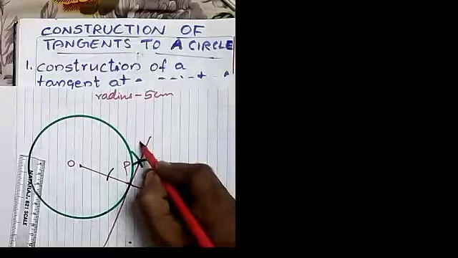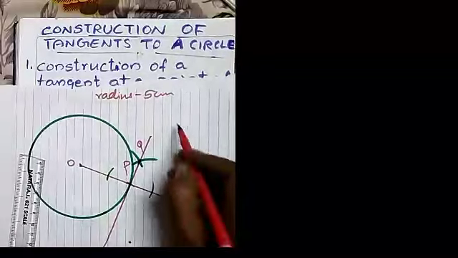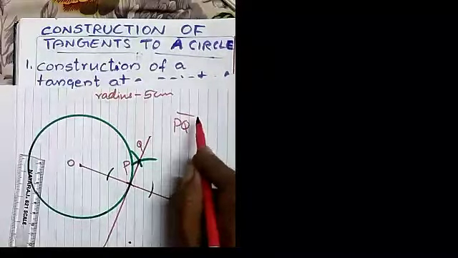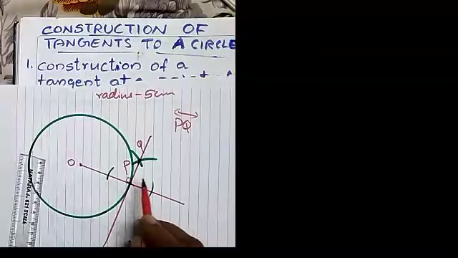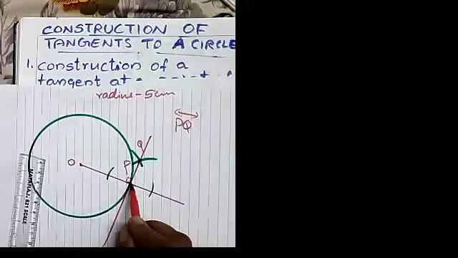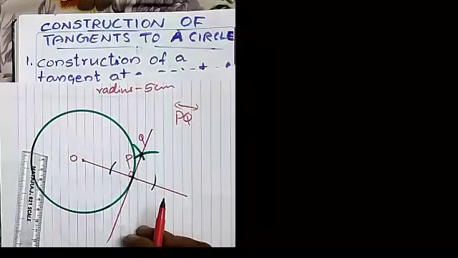Suppose this intersecting point is Q, then line PQ is the tangent. Line PQ is the tangent, and here the angle is 90 degree, meaning the radius at the point of contact is perpendicular to the tangent. Understand?